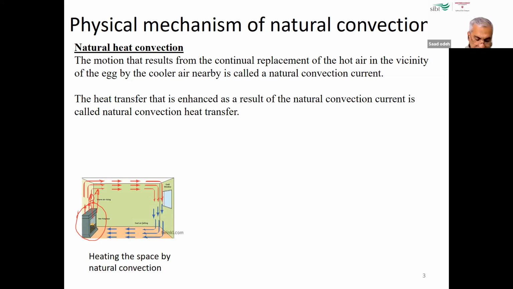The cold air will enter the heater to replace the hot air. So we have a continuous circulation of air inside the room while we keep the heater on. This is what we call heating the space by natural convection.